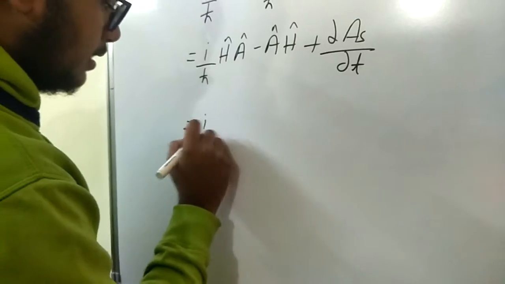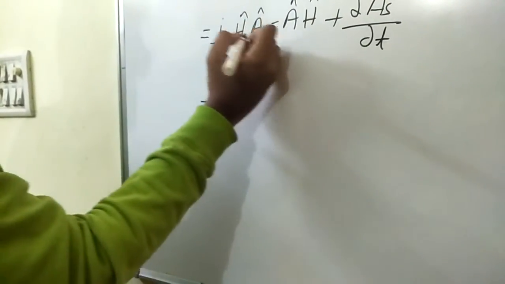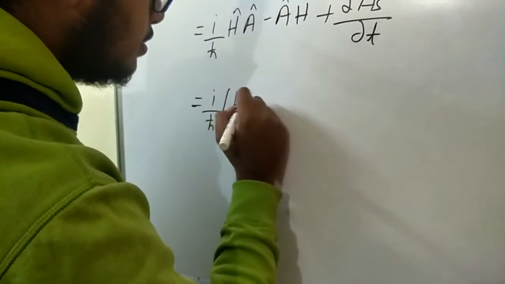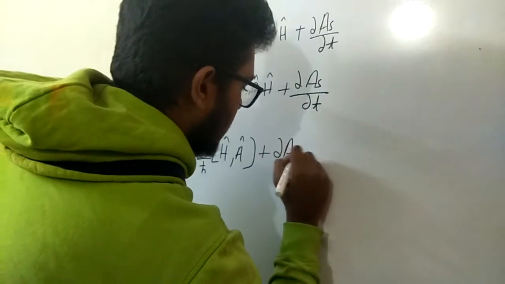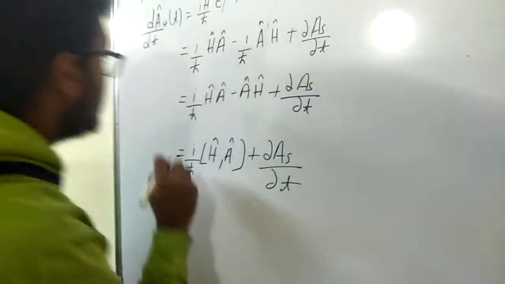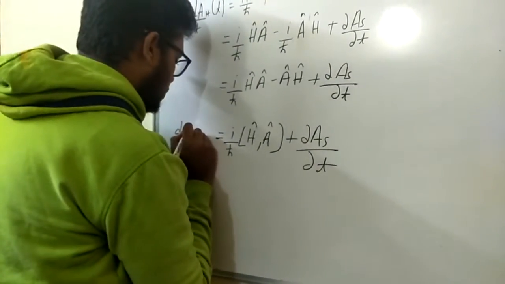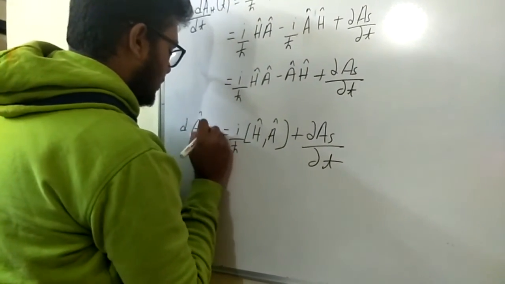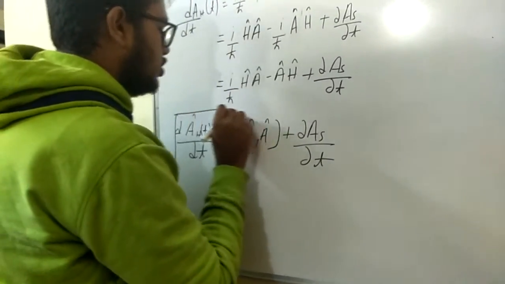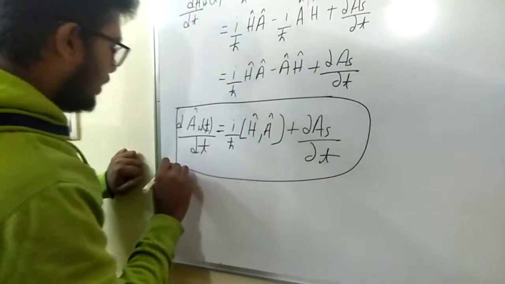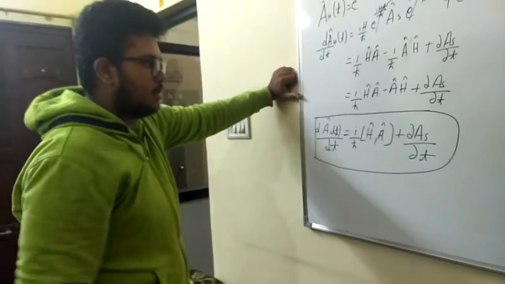So I have i over h bar times the commutator of H and A, because H comes first over here, plus dA_S/dt, and this thing over here is actually equal to the total time derivative of the operator in the Heisenberg representation. So in general, for any operator in the Heisenberg representation, the time evolution is governed by this equation over here.